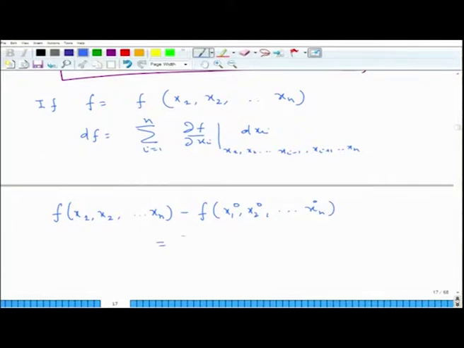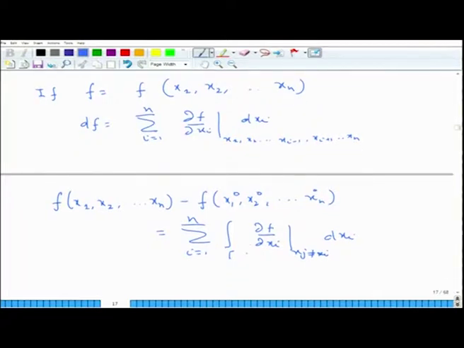This is nothing but the summation of i equal to 1 to n of the integral across the path we are going to take of del f by del xi dxi. Now, remember that the left hand side is independent of the path, but on the right hand side the expressions will depend on which path you are going to take.